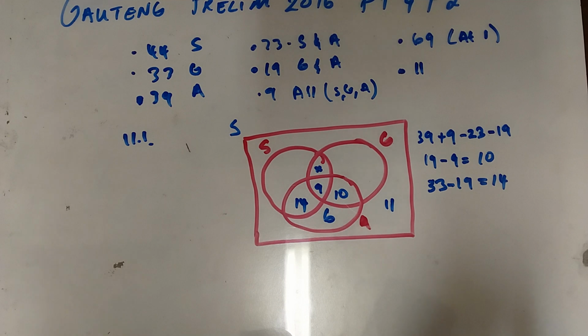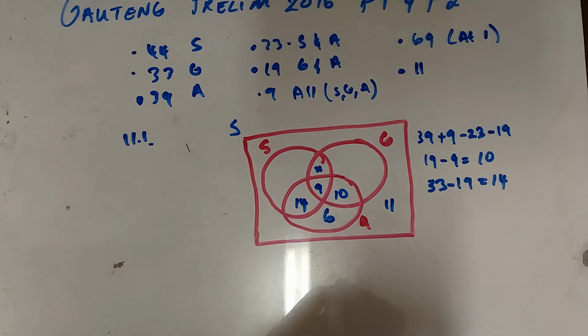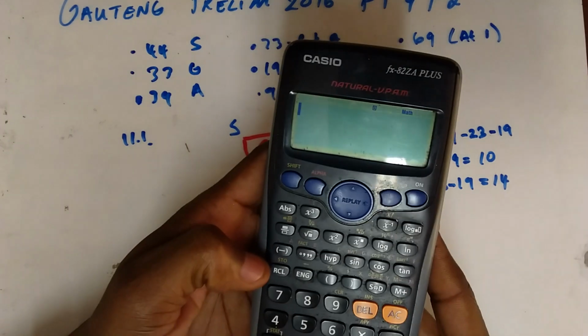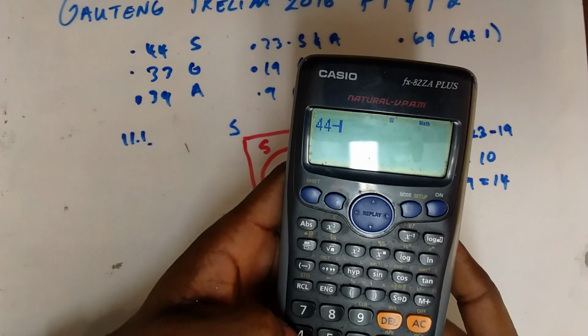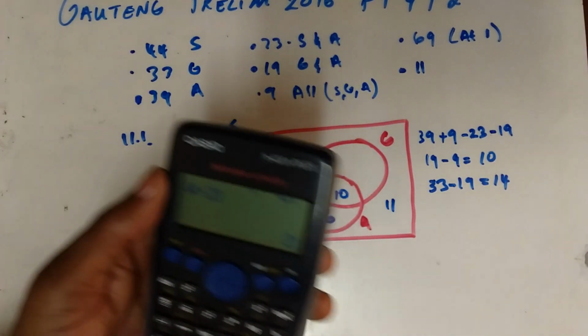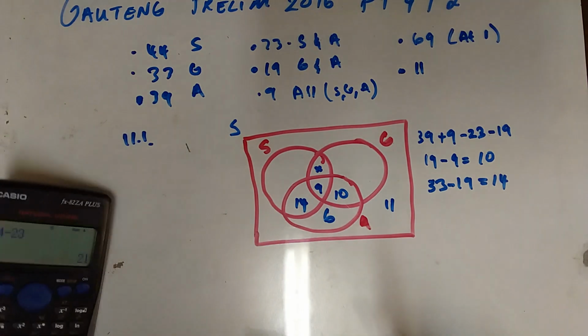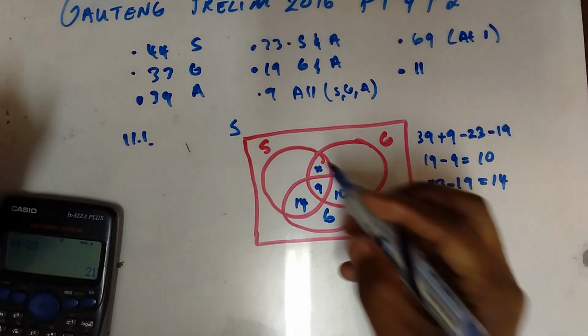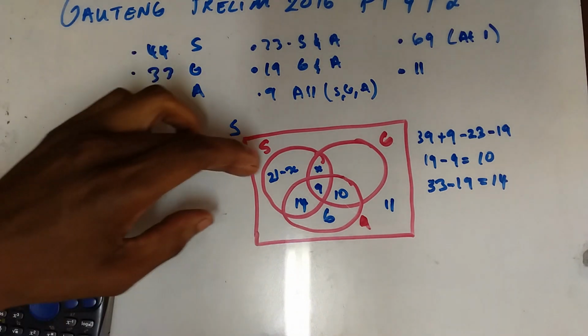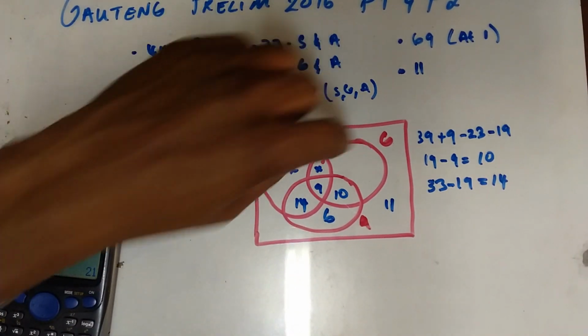What we're going to get is the people which did swimming is just going to be 44 minus 23, because they did swimming and athletics, so it becomes 21. But this is not the exact number, because we still have this x which we don't know, so we're going to have 21 minus x, because it's those ones who did swimming and gymnastics.